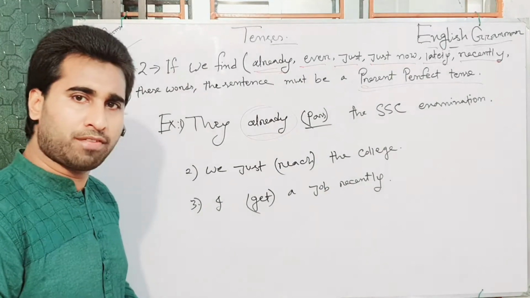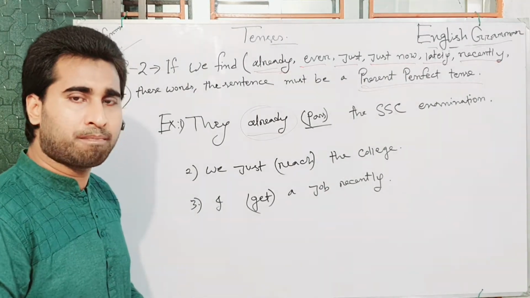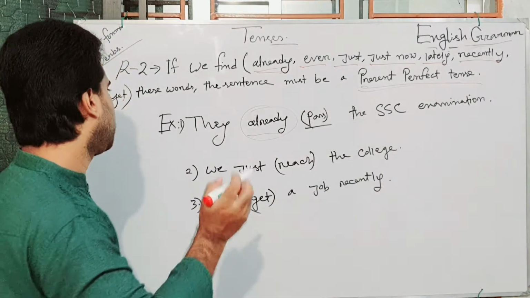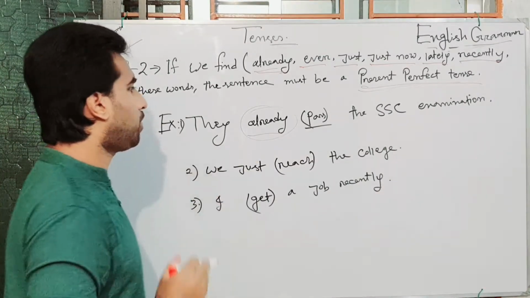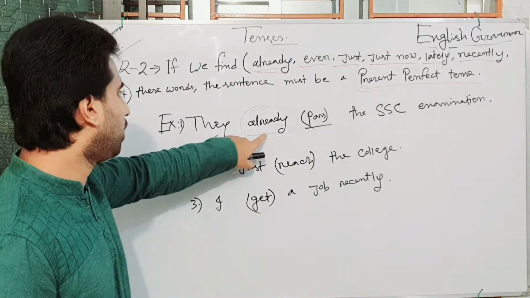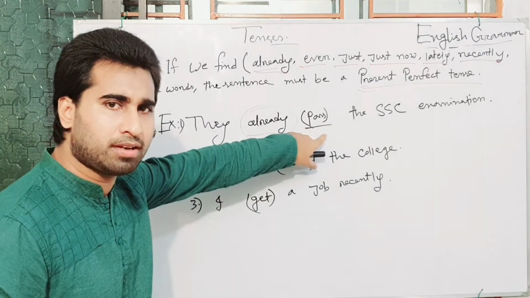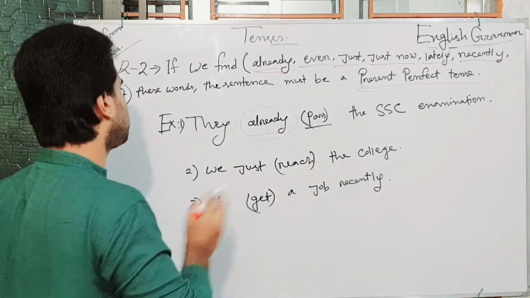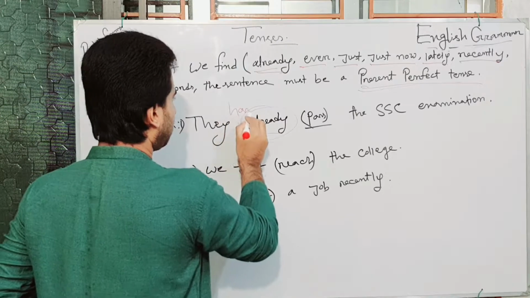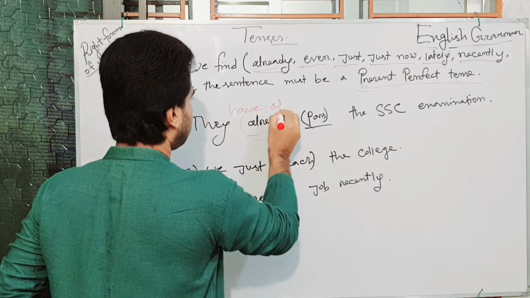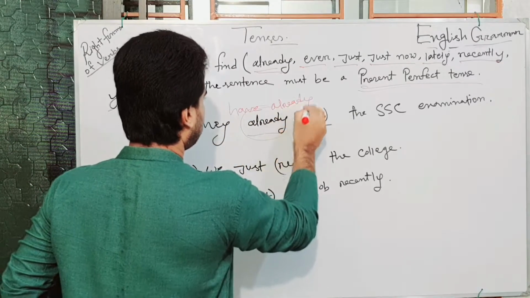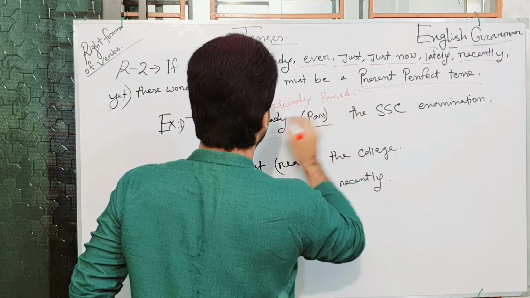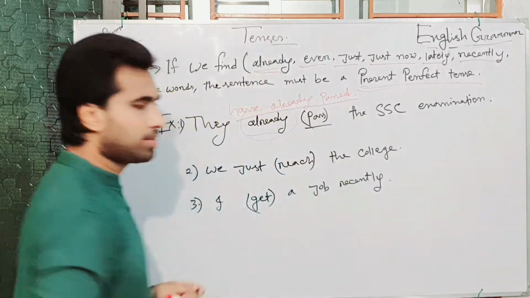So we know about present perfect tense structure: subject plus have or has plus V3 plus object. Here is: they already have passed the SSC examination. But the correct form of verb is: they have already passed the SSC examination.